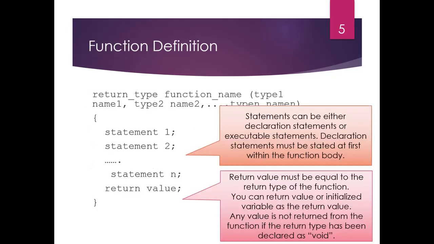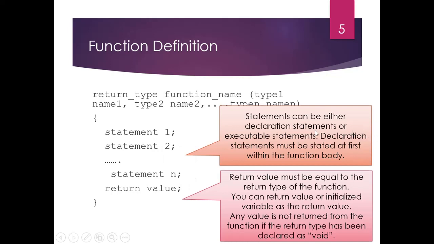Here is an example of a function definition. You can see the return type, then the function name, and inside these parentheses you have the parameters we are passing to the function, and inside these curly brackets we can write the statements.